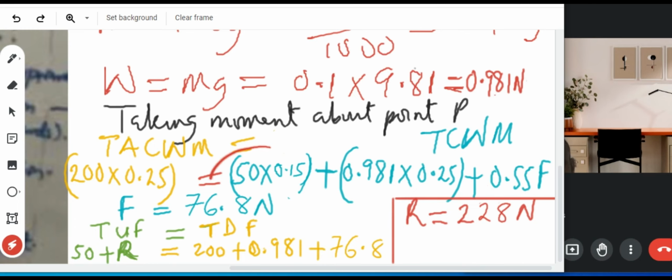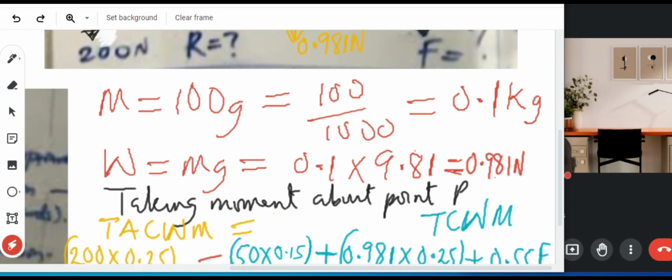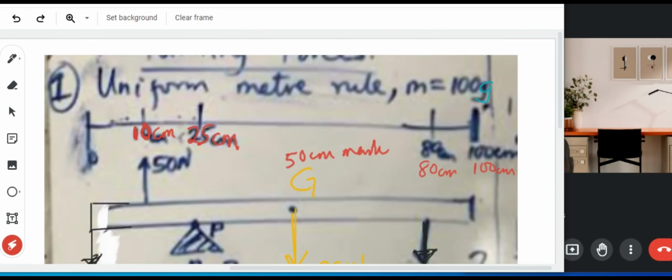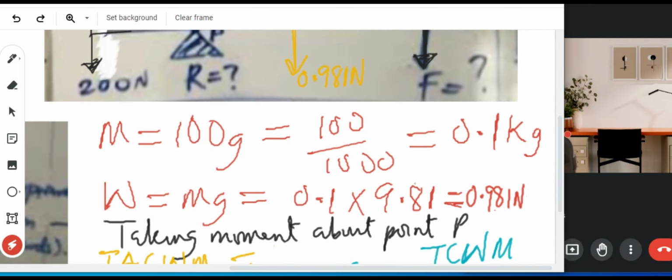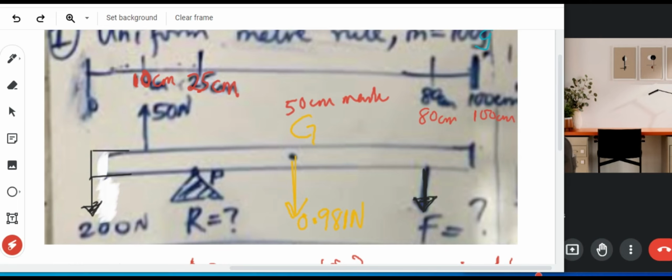In summary, the 50 Newton force is 50 times 0.15, which is the distance from the pivot, 15 centimeters, or 0.15 meters. The weight of the meter rule is 0.981 times the distance from the pivot, which is 0.25 meters, or 25 centimeters.